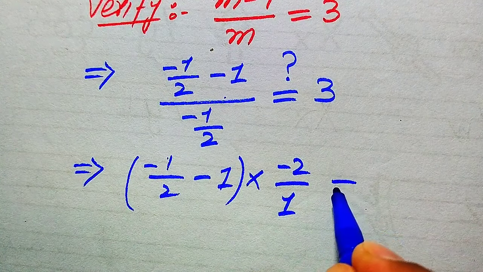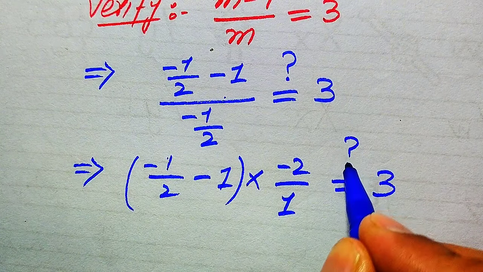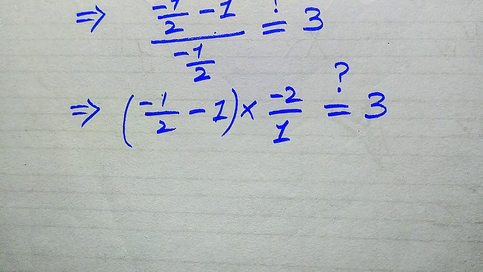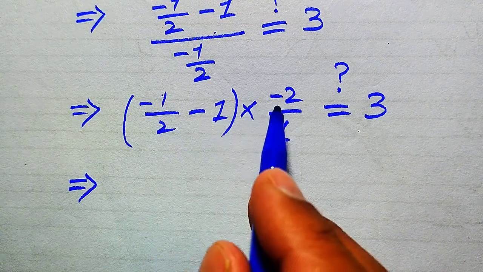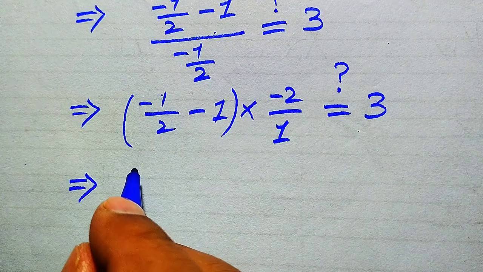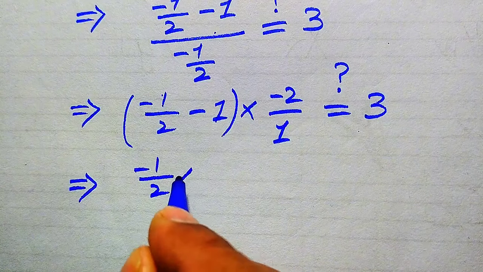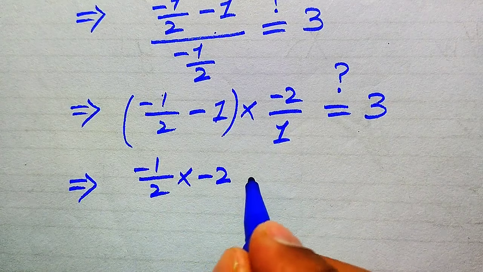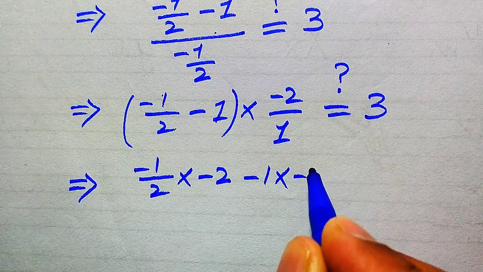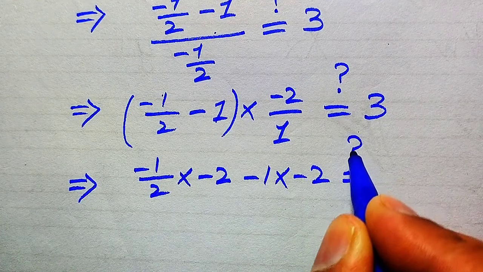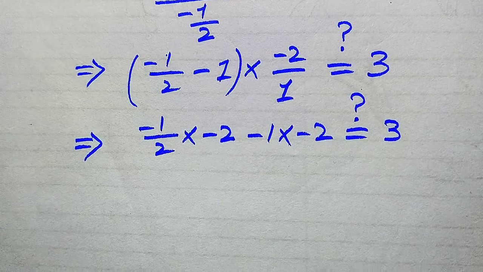Okay, and this equals 3 or not. This is our claim. And now we need to multiply by this minus 2 on both of these values. When you multiply, it will be written as minus 1 over 2 multiplied by minus 2, and here it becomes minus 1 multiplied by minus 2, and we check whether this equals 3 or not.